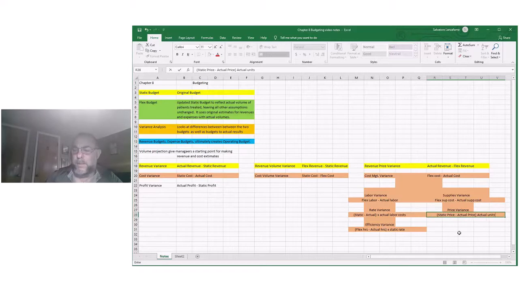So that's how you can get a price variance to see if your price situation is what was causing the problem, or maybe it was a usage issue. And we'll call this a usage variance.